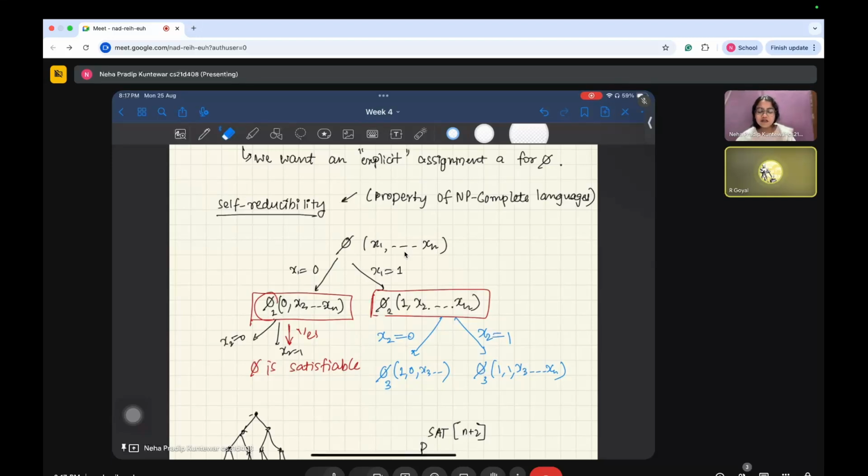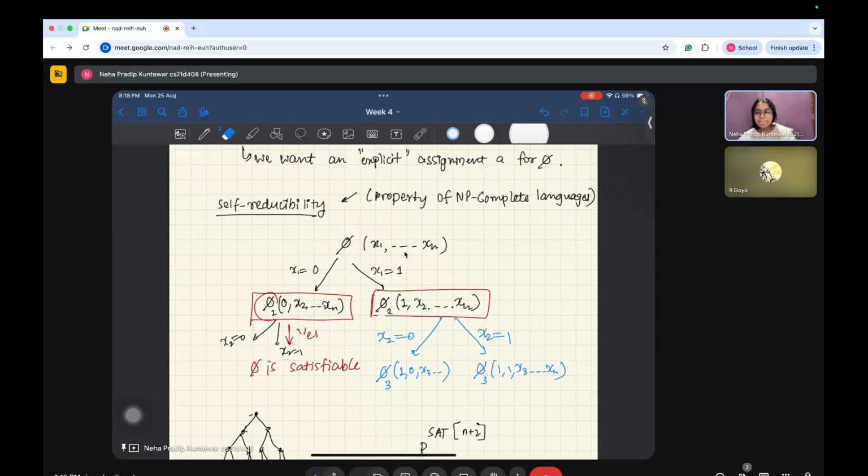Something of the sort? Yeah, for ZPP for sure, because it will tell you the correct answer, or it will say that I don't know. So ZPP definitely makes sense, but RP and BPP, where you have some kind of error.